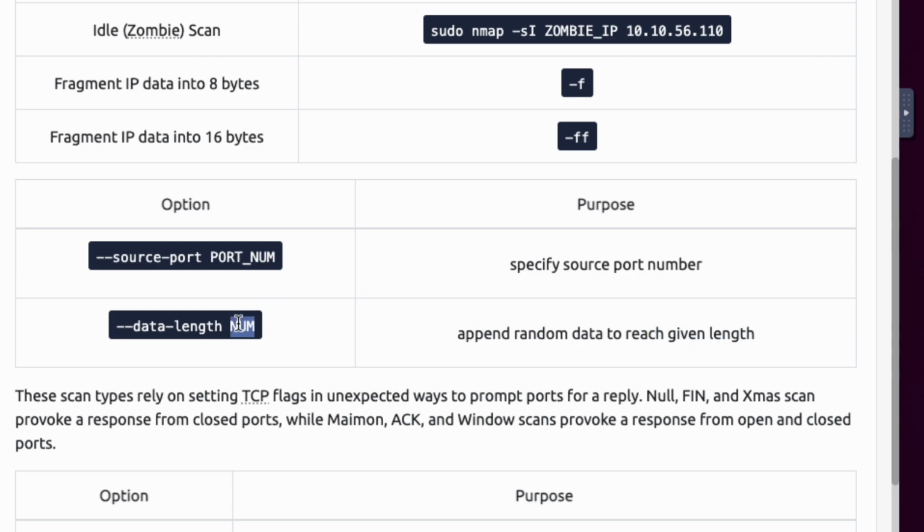This also has to be multiples of 8. So if you're going to do FF and the length of the thing was 24, and you want it to be 2 complete 16s, you would say num would be 8. So data length 8, and then it would add 8 bytes to make the full thing 32 bytes.